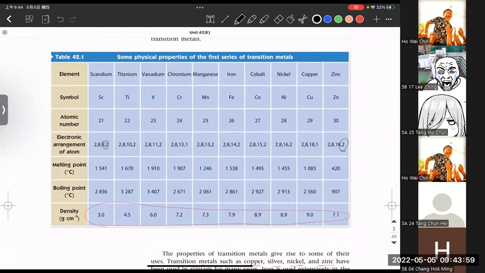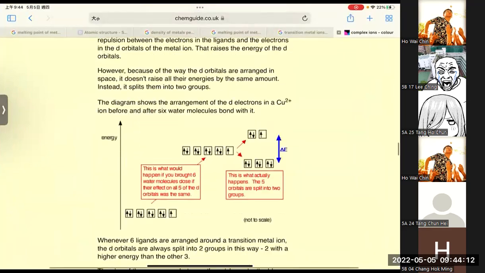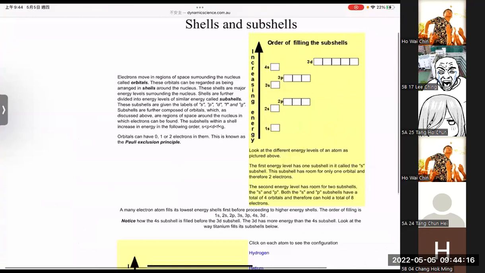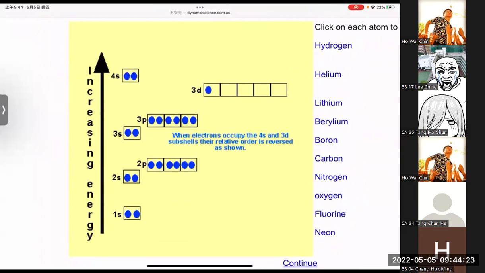If you want to talk about scandium ion and zinc ion, you are now removing electrons from the outermost shell. As said before, the fourth shell is pulled quite far away. Do you still remember? After filling electrons into the 4s orbital and then 3d, you have a rise in the energy level for the 4s orbital.